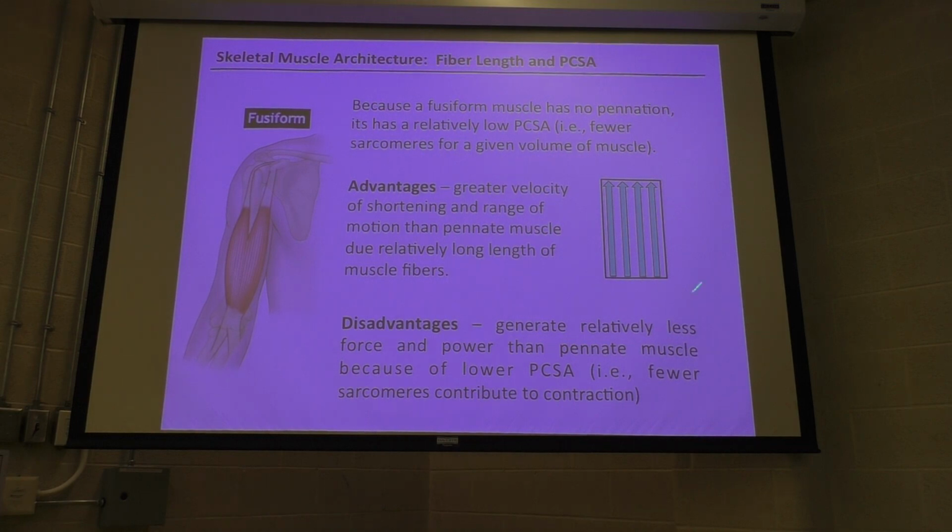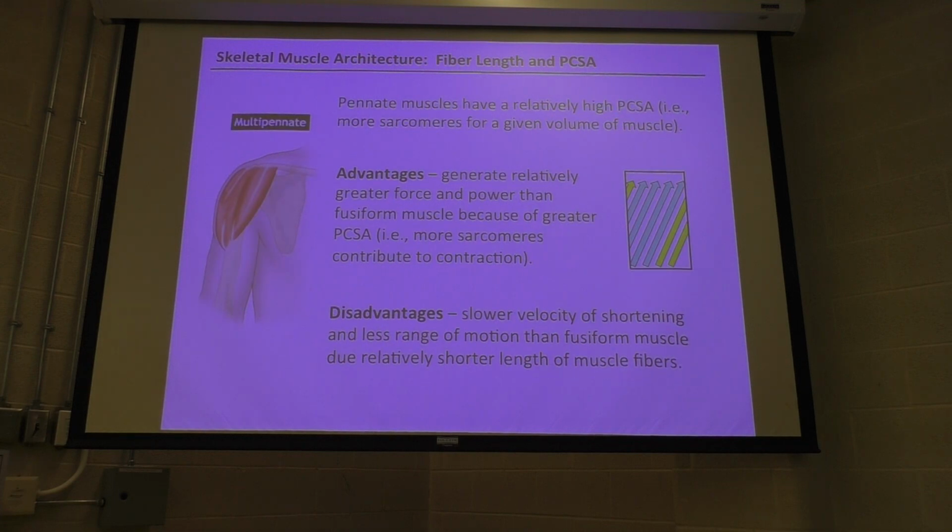But the problem is you can only fit four fibers into this area, so you're going to have a lower physiological cross-sectional area, as opposed to something like a pennate muscle. So, like we sort of talked about over here, when you start to draw the cross-sectional area on this muscle, you're going to see that it goes down, up, and then you add these things together, and then you have a longer physiological cross-sectional area, right?